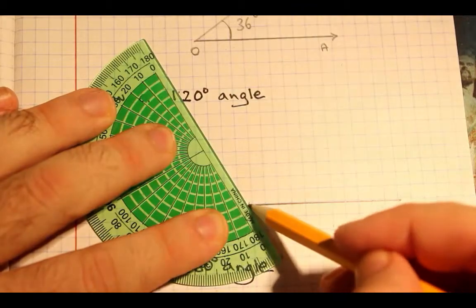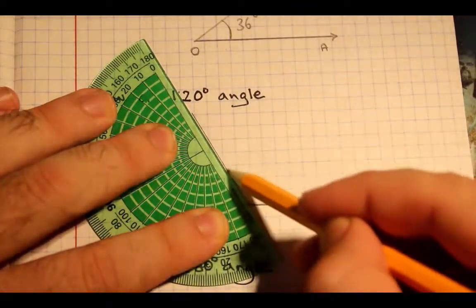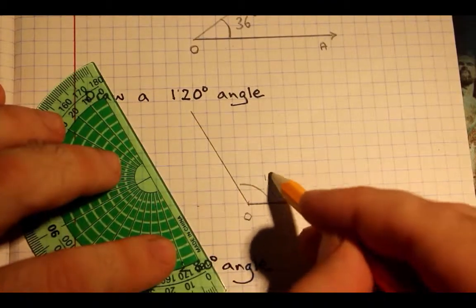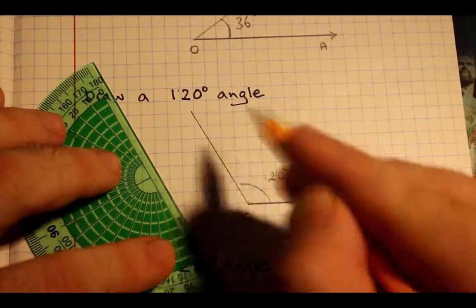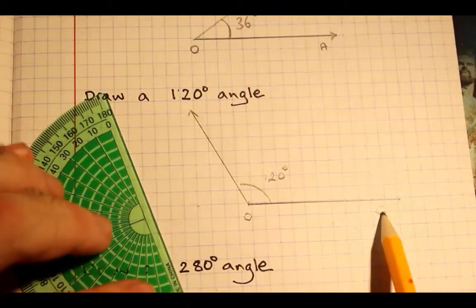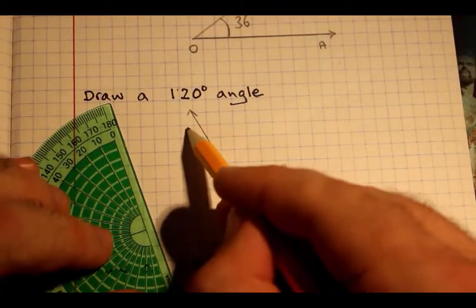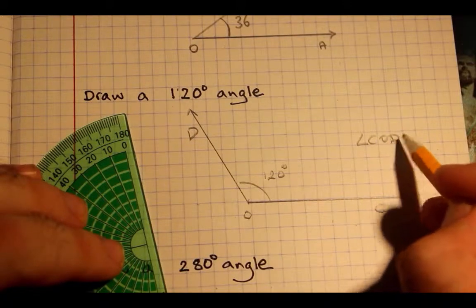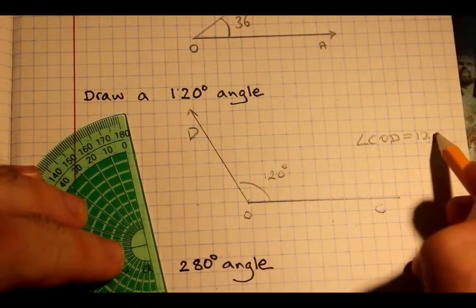I'm just going to draw a little bit towards it, up to where my question is, because now this is 120 degrees. I've called this CO, I might call this D up here, so I can write off to the side that angle COD equals 120 degrees.